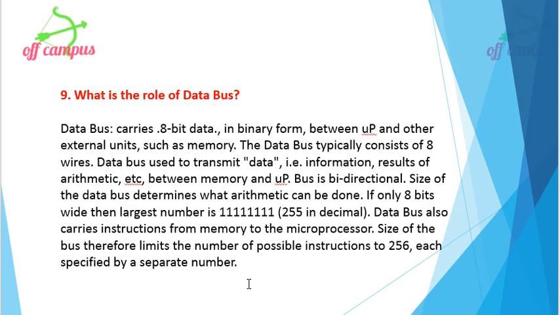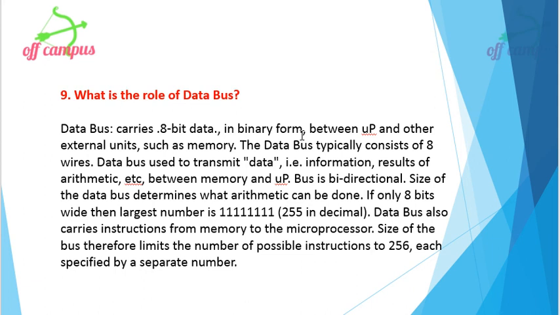Then question number 9, what is the role of the data bus? What are all the buses we have? Address bus, data bus and control bus. Here, what is the role of the data bus? The data bus carries 8 bit data in binary form between the microprocessor and other external units such as memory.